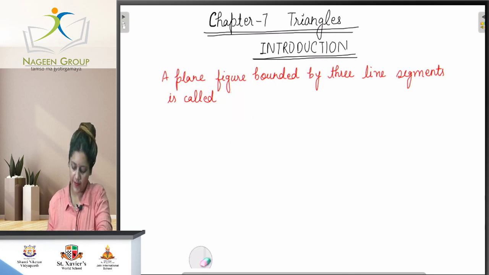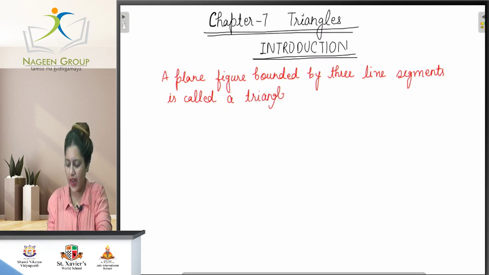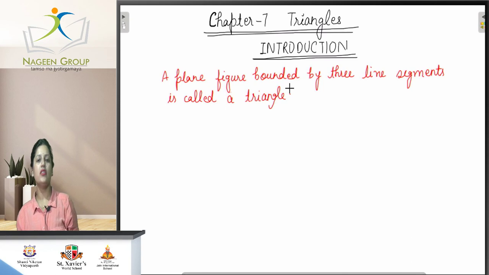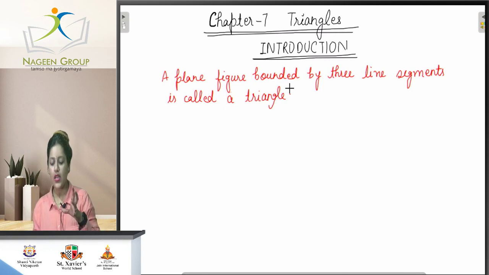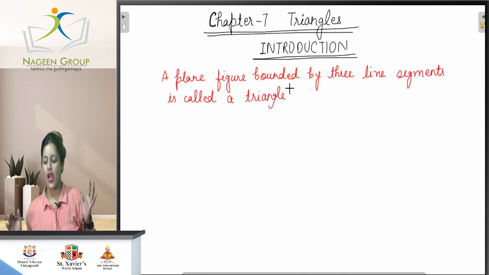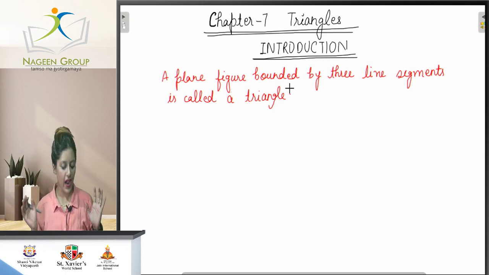By definition, a plane figure means there is no printing, there is no photo, only a plane figure bounded by three lines, which means it must have three line segments.